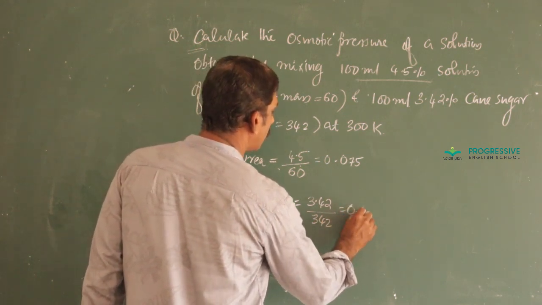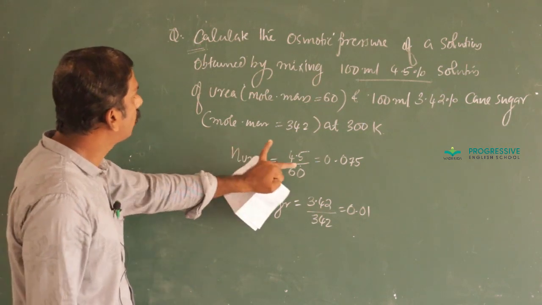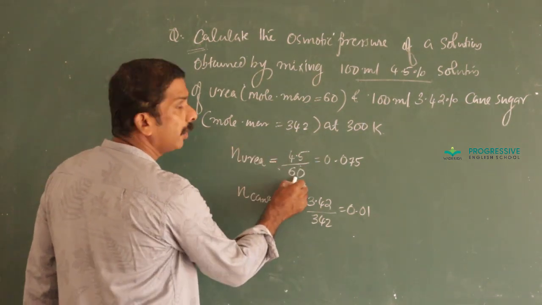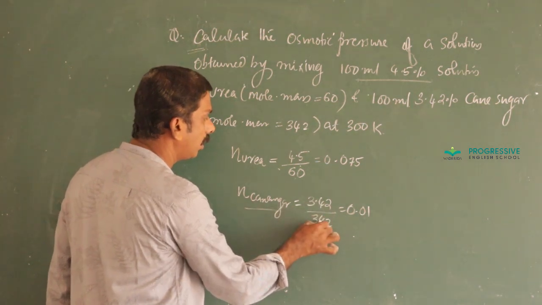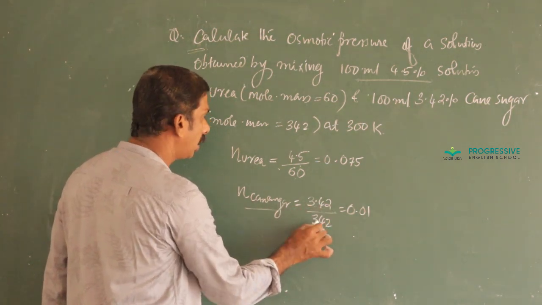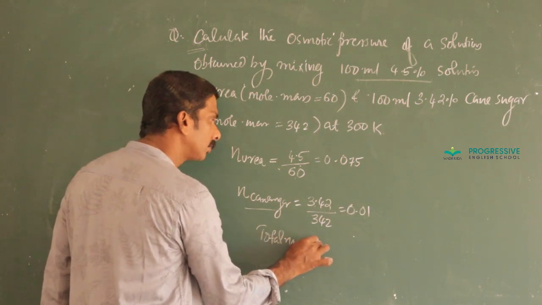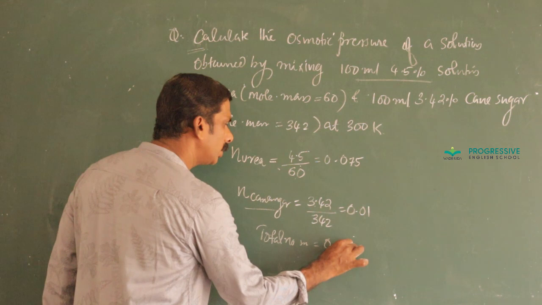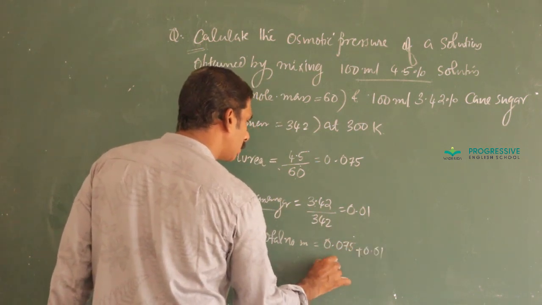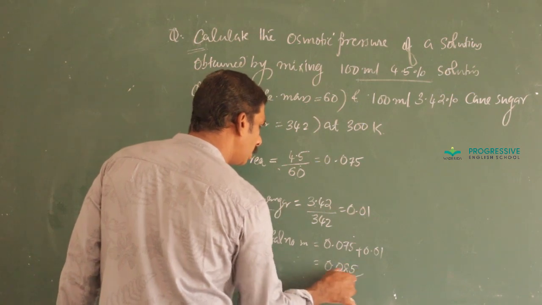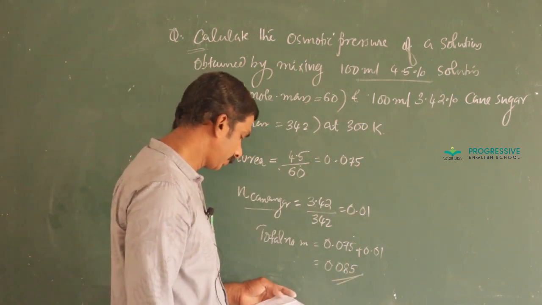Number of moles of urea 4.5 divided by 60. Number of moles of cane sugar 3.42 divided by 342. Total number of moles equal to 0.075 plus 0.01, that is 0.085 is the total number of moles.